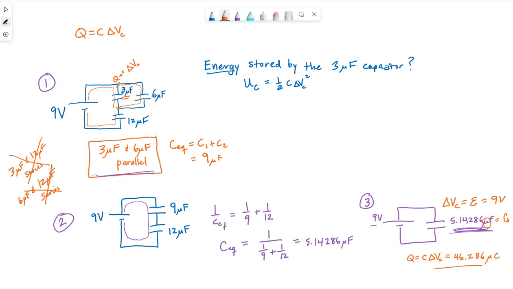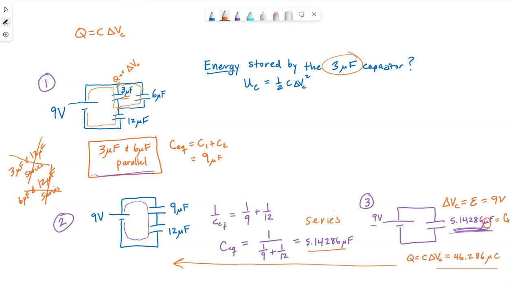Now, this is not the charge on just the 3 microfarad capacitor. So we're still not at a point where we can just plug some numbers in. But similar to what we talked before, let's now work our way back. This equivalent capacitance was for the 9 and the 12 in series.